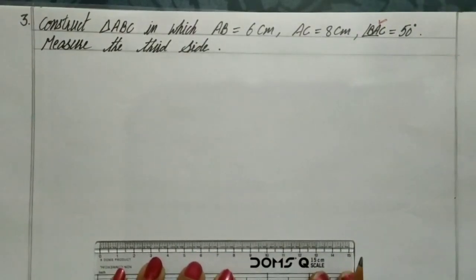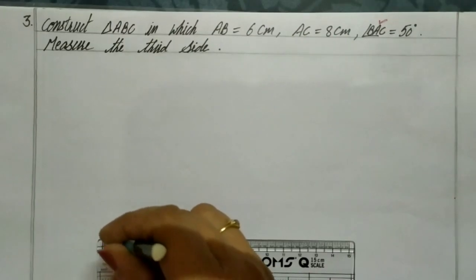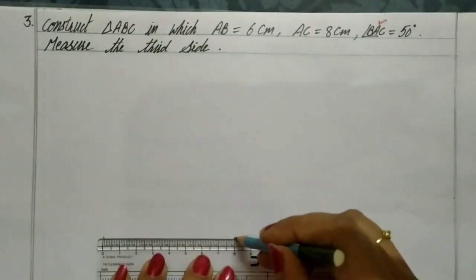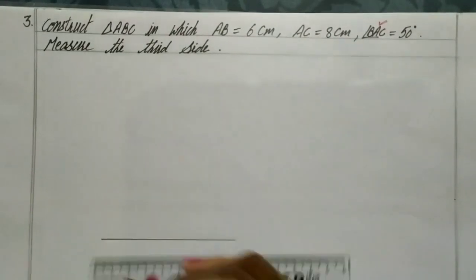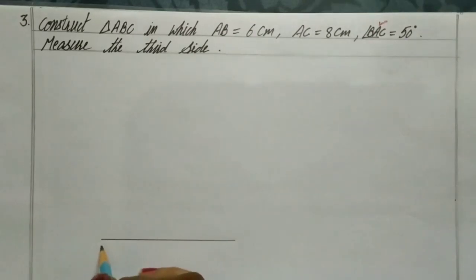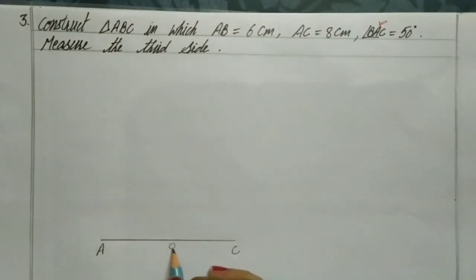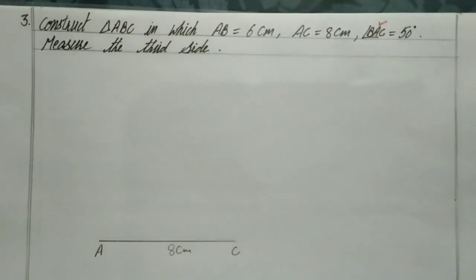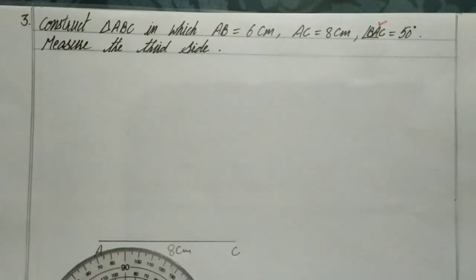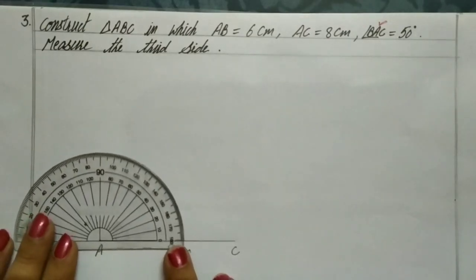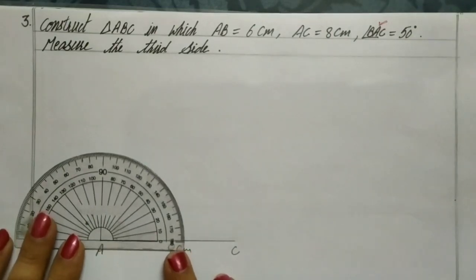So here, 8 centimeter. Draw the segment AC. This is 8 centimeter. Now at A we have to draw an angle of 50 degree. So with the help of protractor, or you can say D, we have to draw this angle.